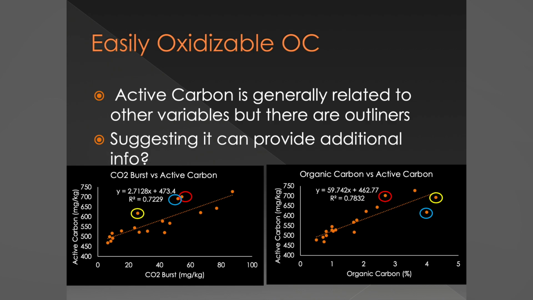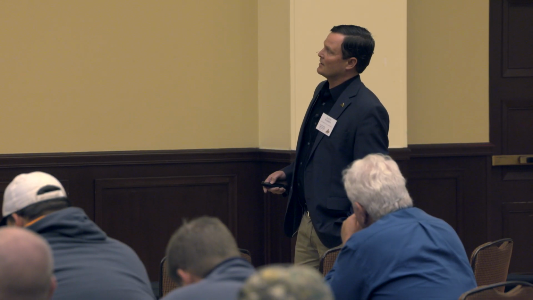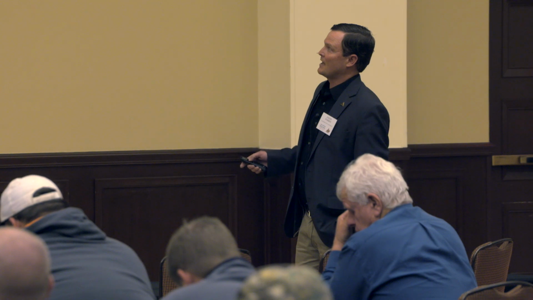Then those same samples are outlined against the relationship between organic carbon and active carbon, but they're on the other side of that regression line. So the moral of that story is that active carbon tells us something different than organic carbon to some extent, and it also tells us something different than CO2 burst. The question is what does it tell us?